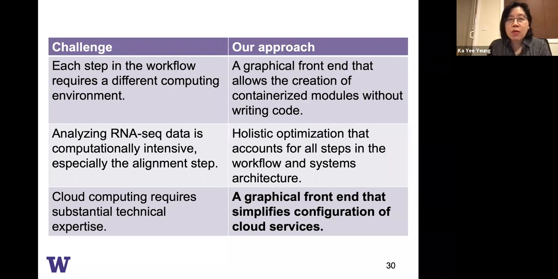So back to our challenge slide. Now we have talked about the holistic optimization that accounts for all steps in the workflow and the system's architecture. Next, we are going to talk about the next challenge, which is the technical expertise required to run these workflows on the cloud. So we also provide a graphical front end that simplifies configuration of cloud services.